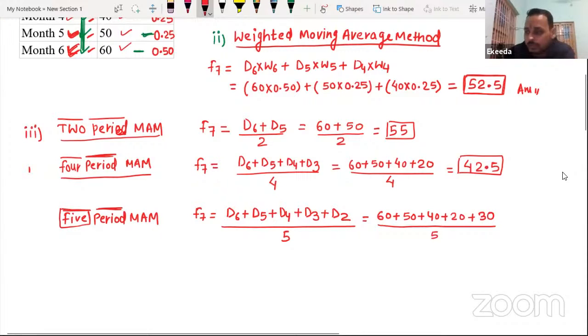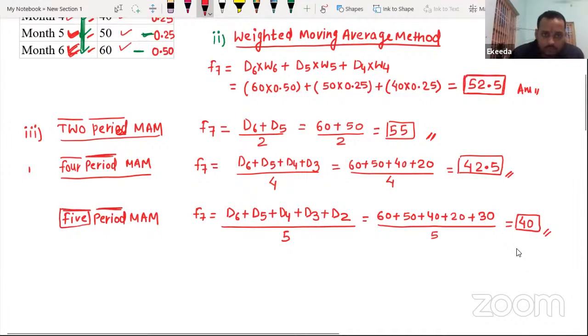So what you will get is 40, 40 metric tons. So all the answers we have calculated, using the 2 period, 4 period and 5 period moving average methods.